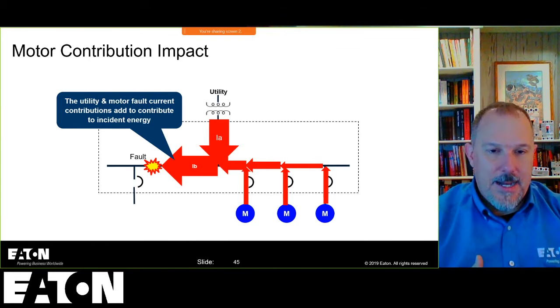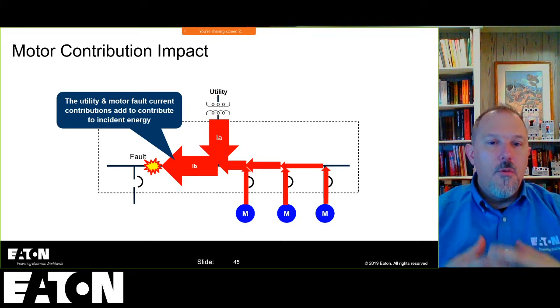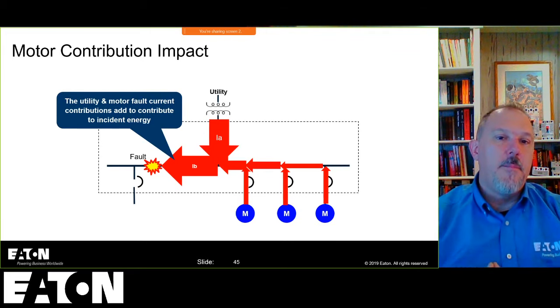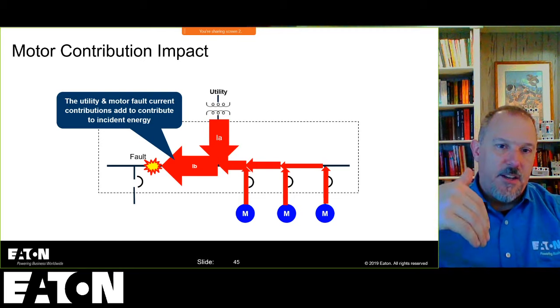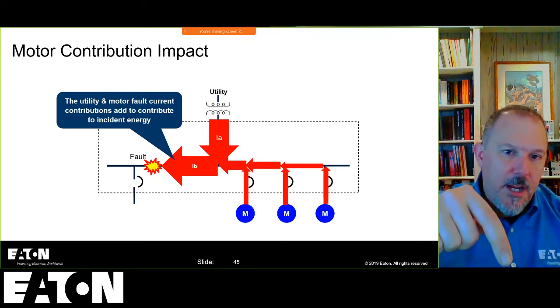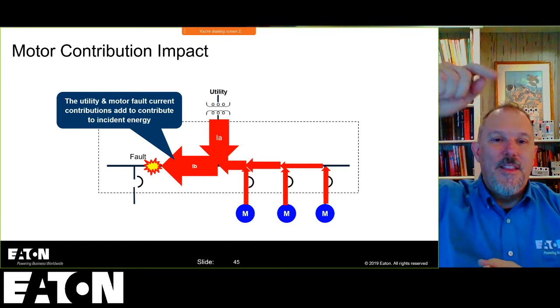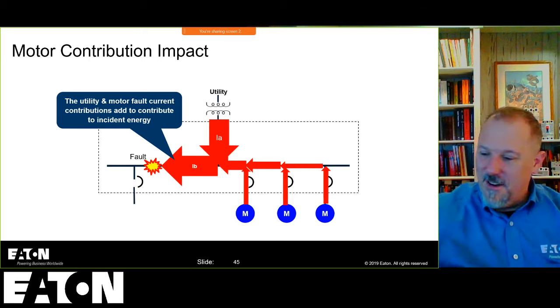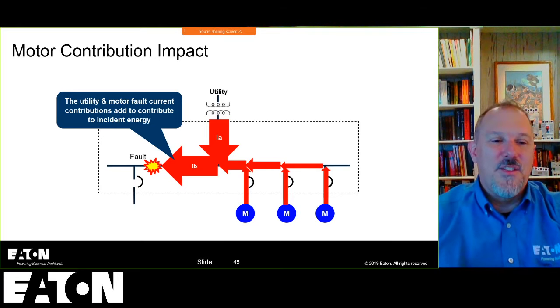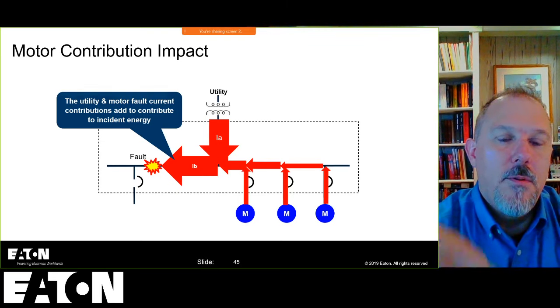The clearing time in this case is not based upon the total fault current. The clearing time is only based upon the fault current coming from the upstream overcurrent protective device, because that's the fault current that flows through that main overcurrent protective device. It's the one that's on the primary of that utility transformer or the upstream device, right? So the fault current flowing up, hold on.